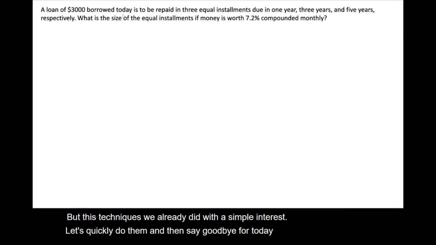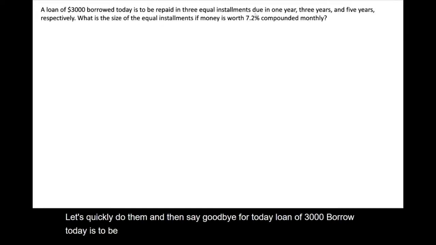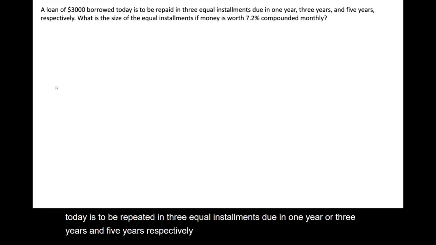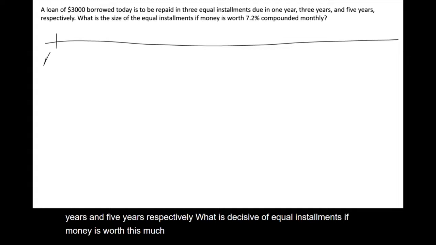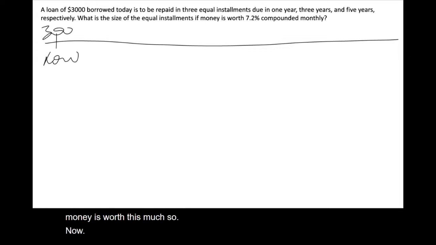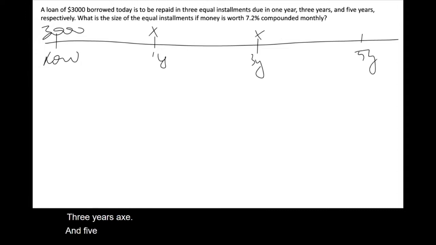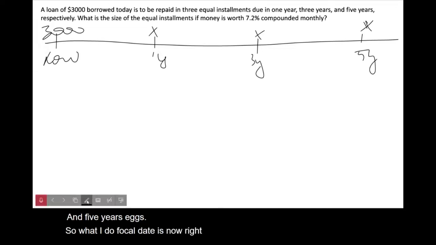Loan of 3,000 borrowed today is to be repaid in 3 equal installments due in 1 year, 3 years, and 5 years, respectively. What is the size of the equal installments if money is worth this much? So now, 3,000, and I have 1 year X, 3 years X, and 5 years X. So what I do, focal date is now, right, guys?